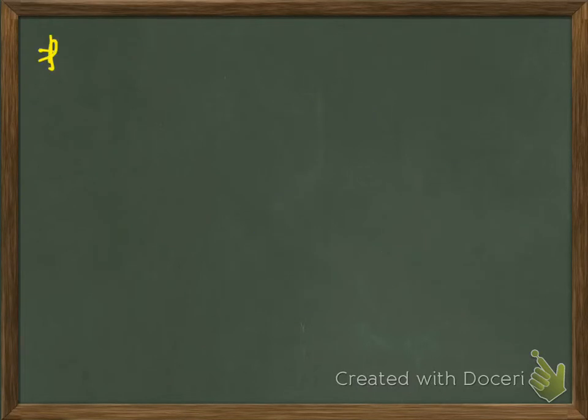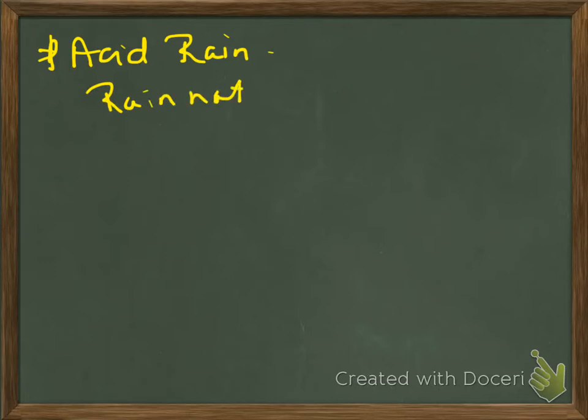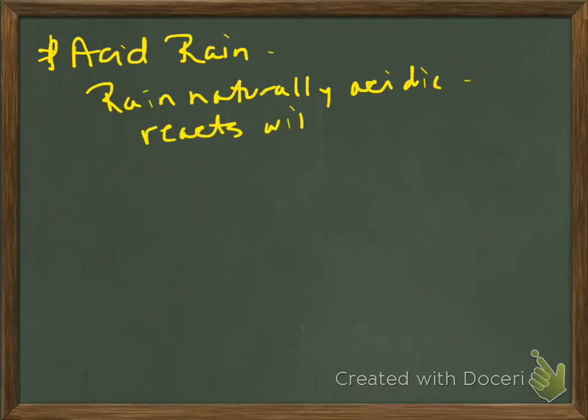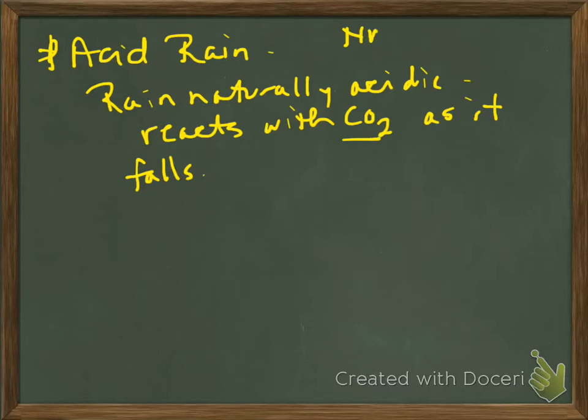All right, let's talk about acid rain. Rain is naturally acidic, and that is due to CO2. It reacts with CO2 as it falls. Remember that CO2 is a non-metal oxide, and non-metal oxides with water form acids, metal oxides with water form bases.